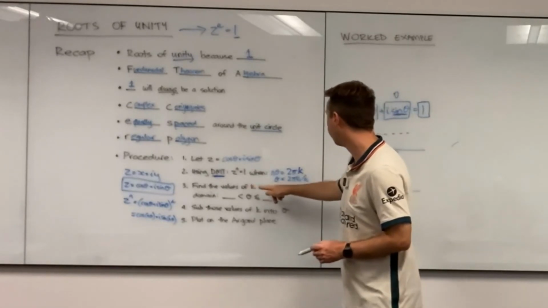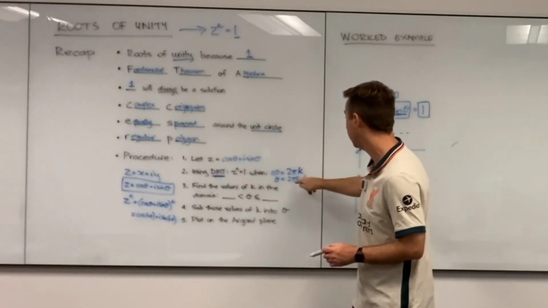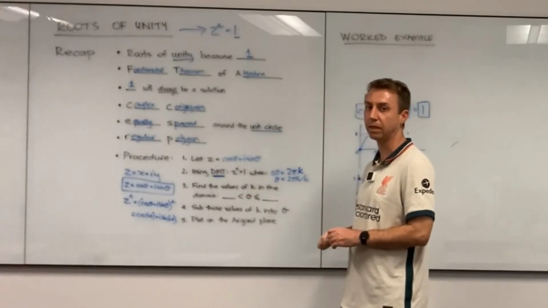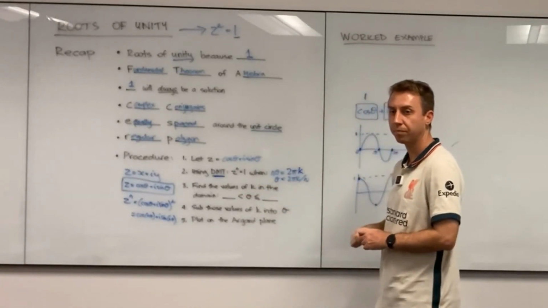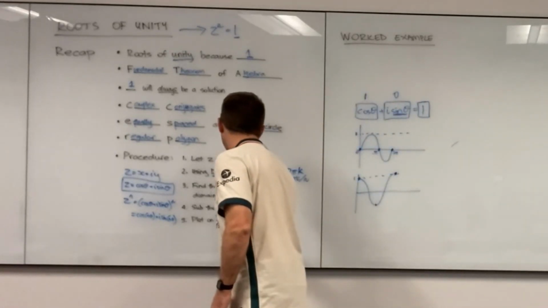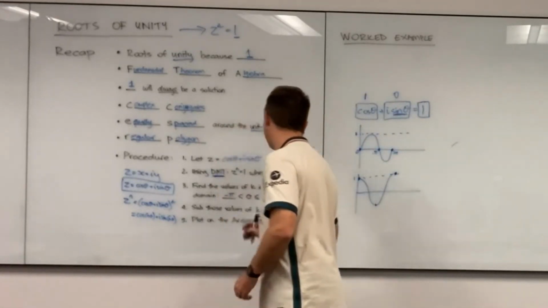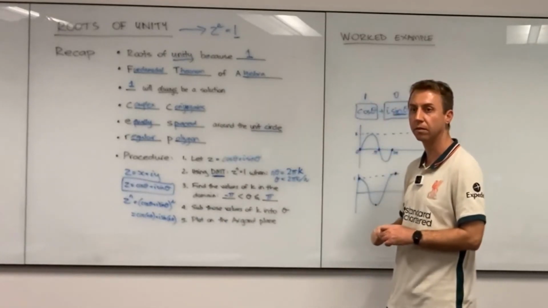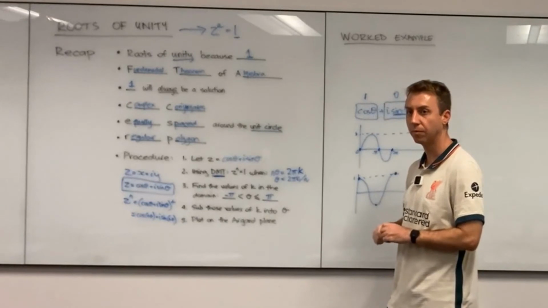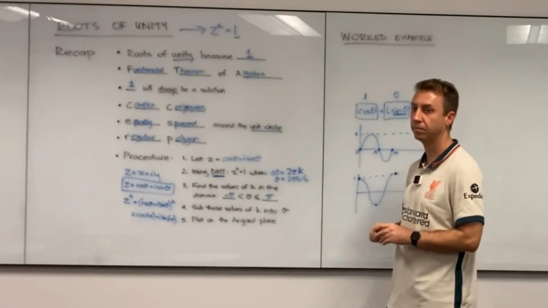So then we want to find the values of k that exist in a certain domain. Does anyone want to guess what that domain is? Negative pi and pi. Yeah, and what was the idea behind that? Because that's not the most intuitive way to think about it. Well, you said that because it's easier to find the other ones, like the conjugate.